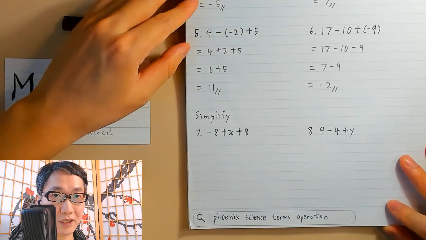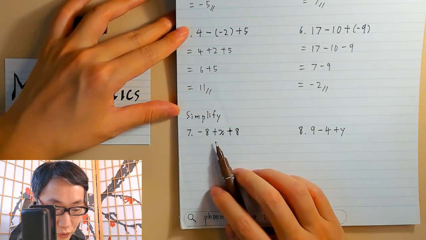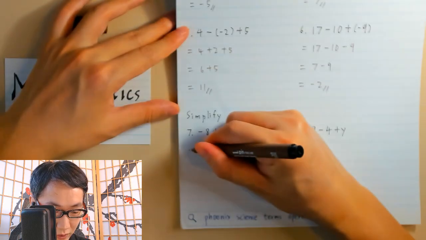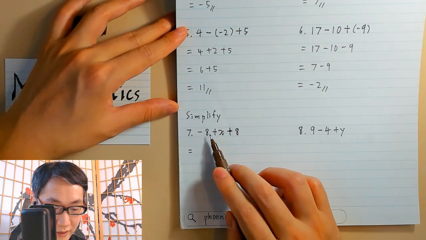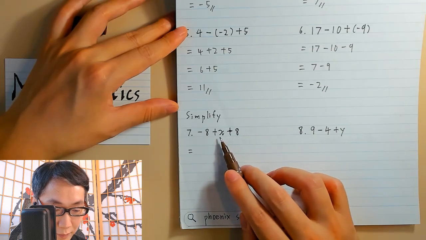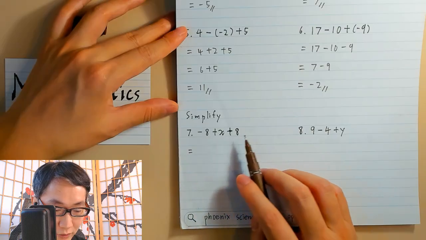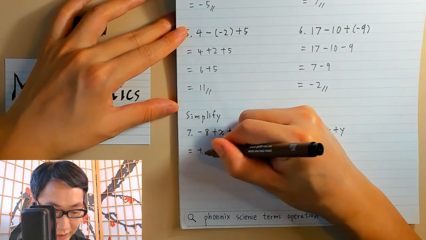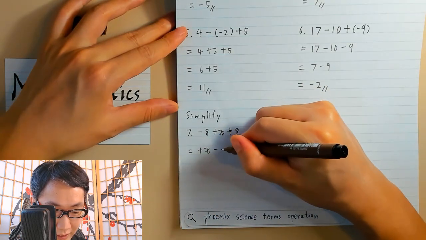Then we have some simplification. So we have negative 8 plus x, positive 8. So for this one, we can rearrange the terms first, because we cannot evaluate negative 8 plus x, and we cannot evaluate plus x positive 8. So we put the 2 values together. So then we have plus x. I can omit this, but I didn't. And then we have negative 8.